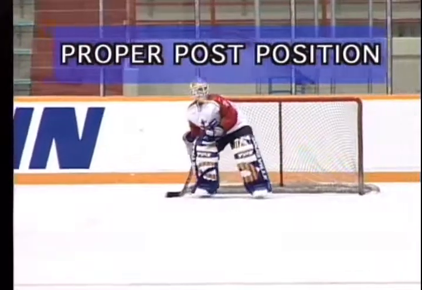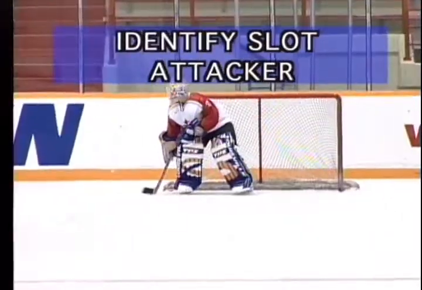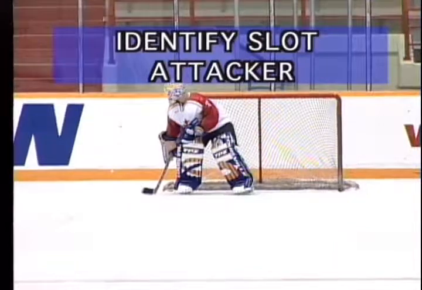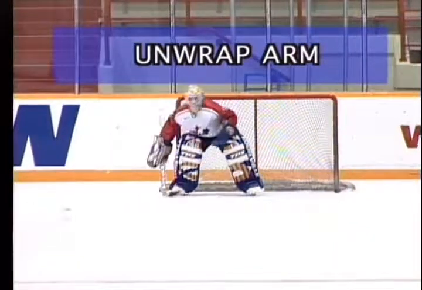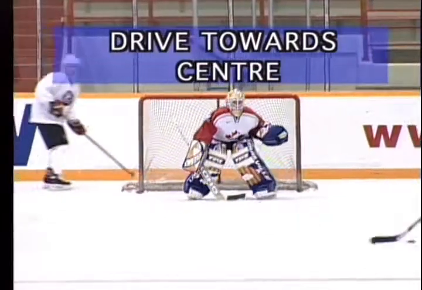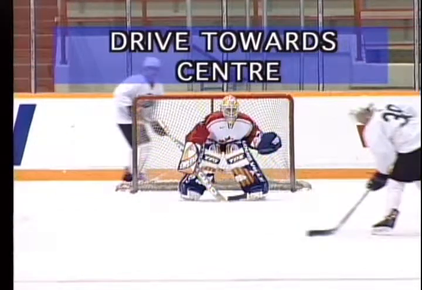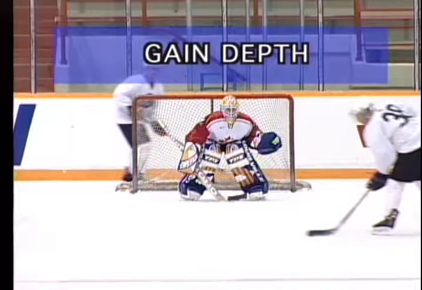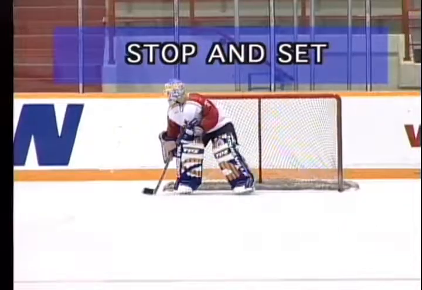The tactical sequence for a mid-deep pass-out is: 1. Proper post position. 2. Ice awareness to identify slot attackers. 3. Unwrapping of the arm. 4. As the pass is made, a lateral drive towards the center of the net. 5. As the goalie approaches the midpoint of the net, the lateral momentum should be converted into a depth gain. 6.